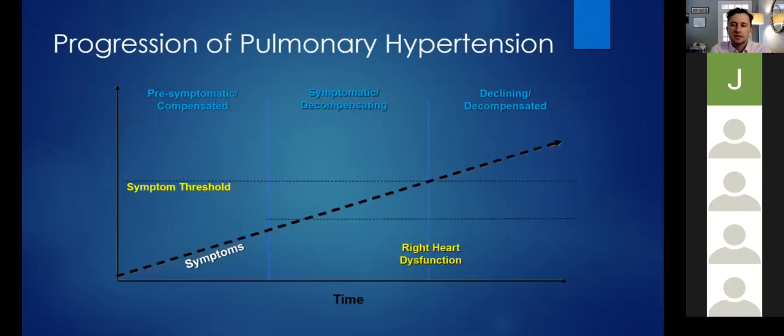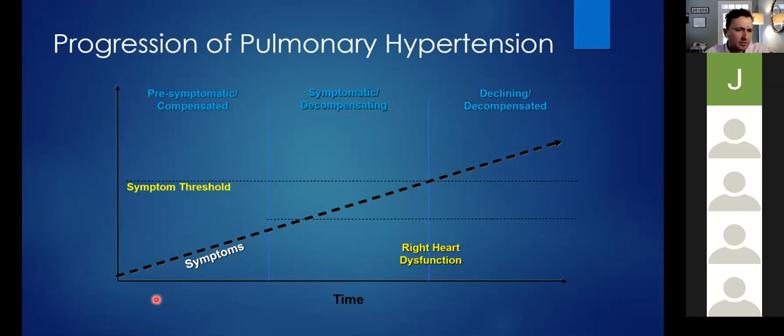Okay, so this is a good graph that helps illustrate the progression of pulmonary hypertension. So roughly, pulmonary hypertension can be thought of in three different categories. You have your pre-symptomatic or compensated patient, your symptomatic, slowly decompensating patients, and your declining or decompensated patients.